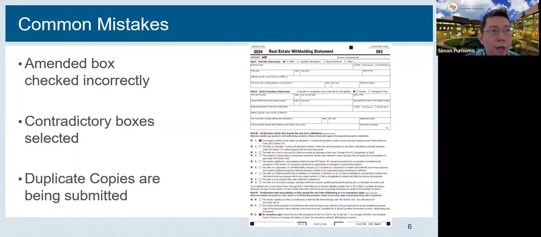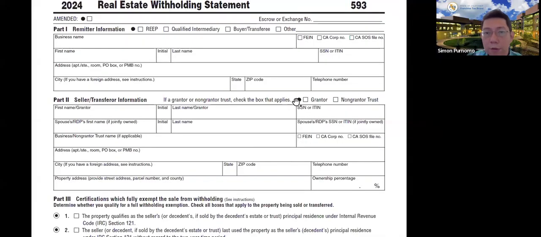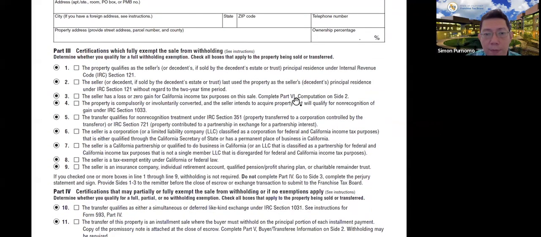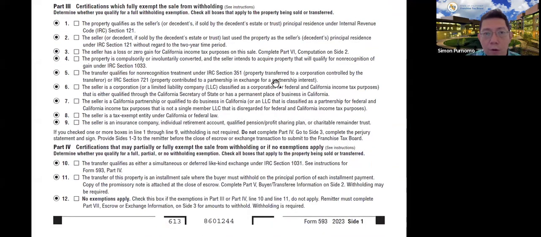Also, boxes are being checked that contradict each other. Let me show you, this is Part 3 and Part 4. For example, box number 1 is selected to certify that the property being sold is the seller's principal residence.